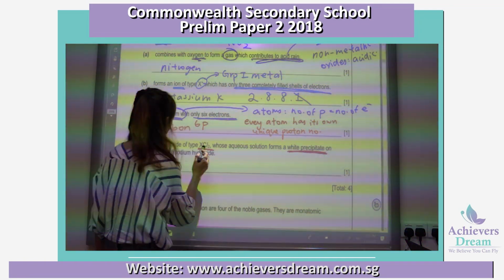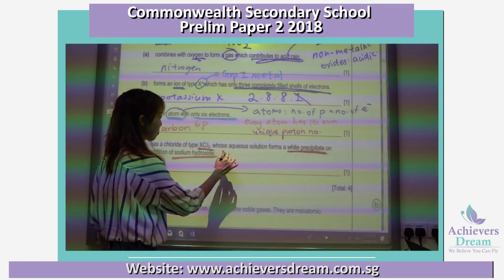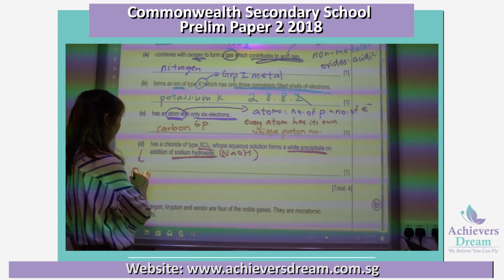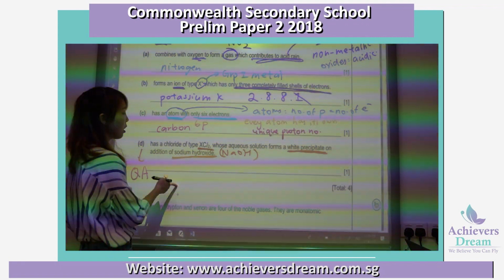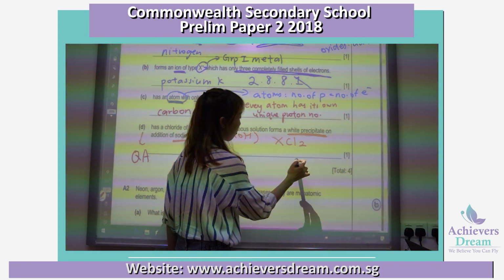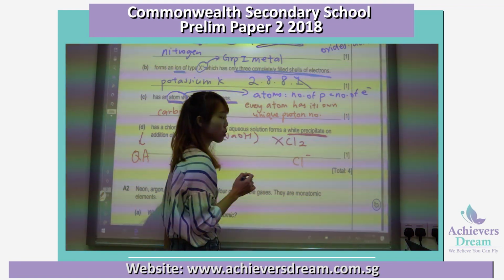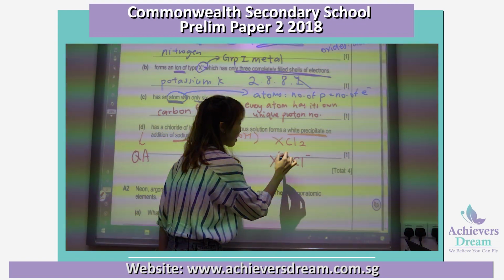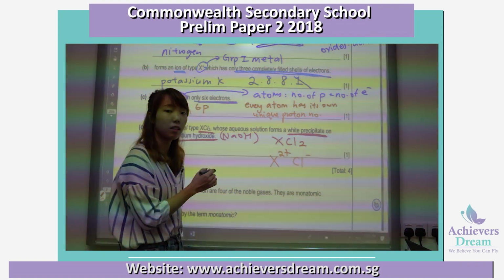For part D, which element has a chloride of type XCl2 whose aqueous solution forms a white precipitate on addition of NaOH? When you see this, immediately you link it to a QA type of question. So XCl2, chloride ion has a charge of -1. So it means that my X ion has a charge of 2+ to form X2+.